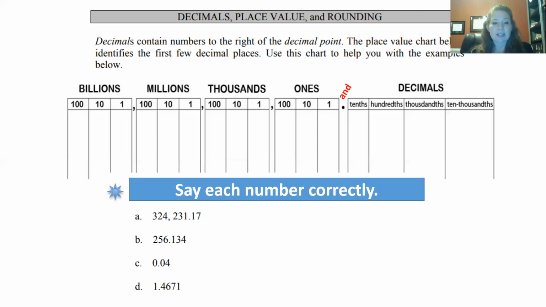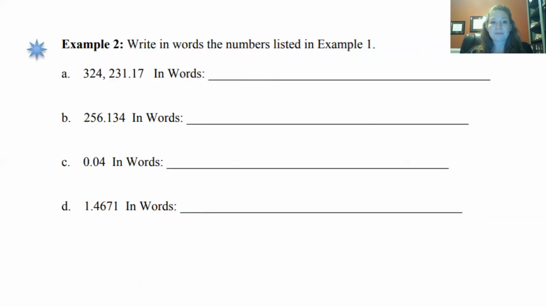Okay, so the more you practice, the easier that gets. It's just memorization for that particular skill. So now it wants us to write how you say these numbers with words. So letter A, and I am the worst writer with this pen and this slate, but I'm going to do the best I can.